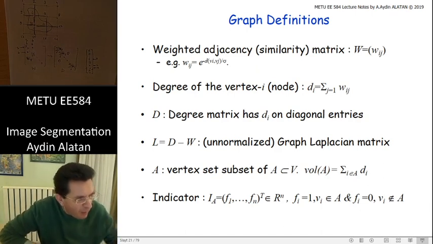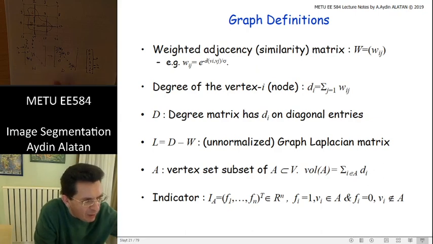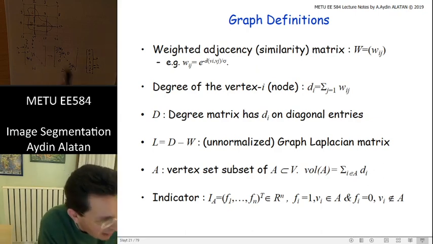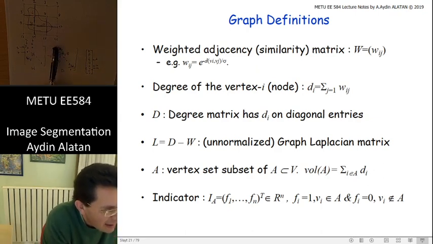Please note that if you multiply your indicator with D, this is diagonal, please note. This multiplication will multiply only 6, 10, and 11 with ones, which will be nothing but the sum of them, and the remaining ones will be 0. Therefore, this indicator of A multiplied with D gives you the volume of A.